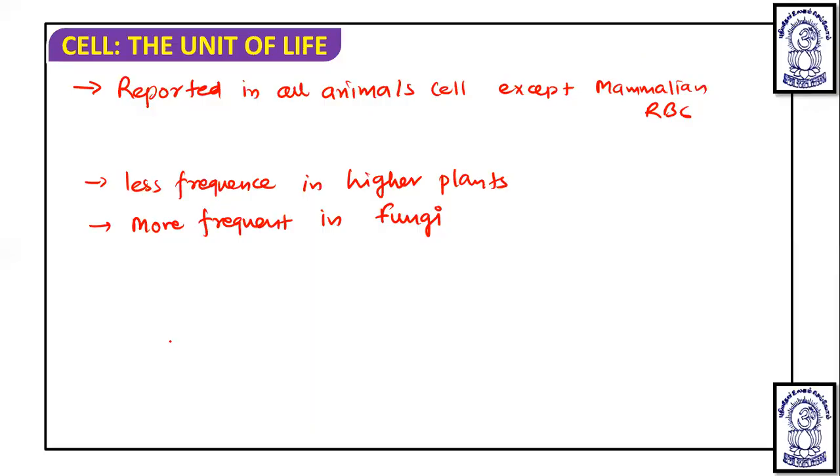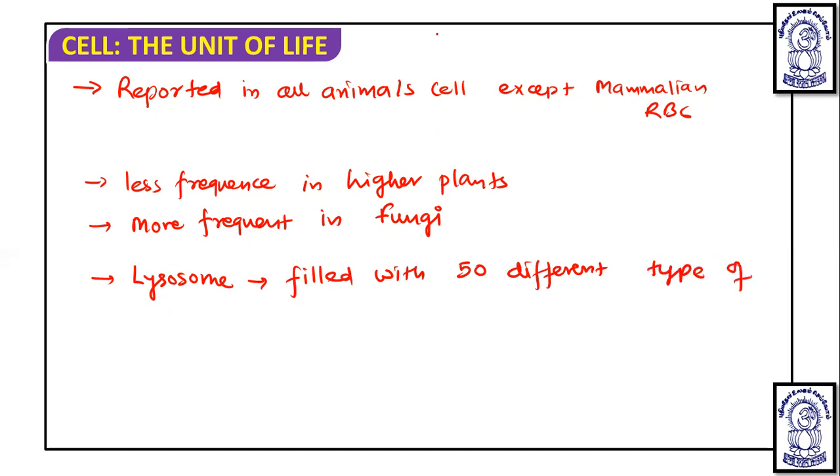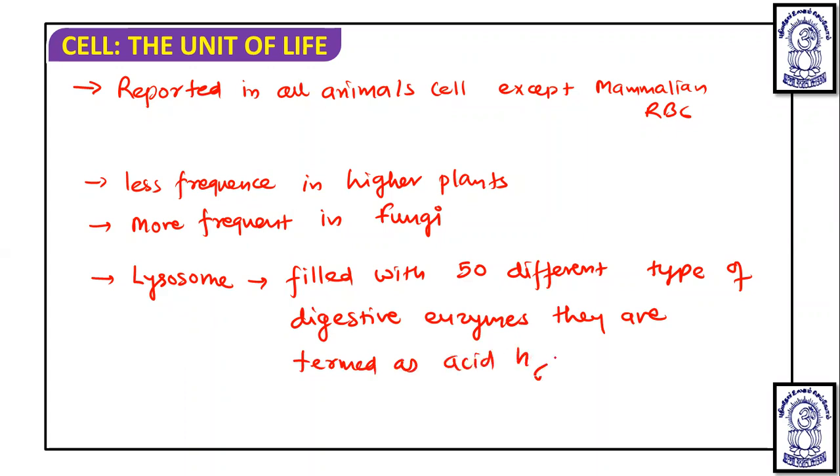Now we know that lysosomes are bag-like structures covered by a single unit membrane, and they are filled with 50 different types of digestive enzymes, which are termed acid hydrolases, for the digestion of all types of macromolecules.